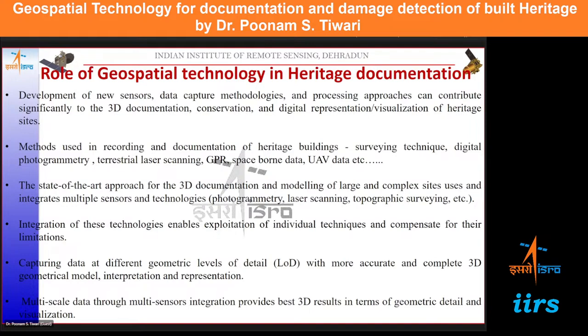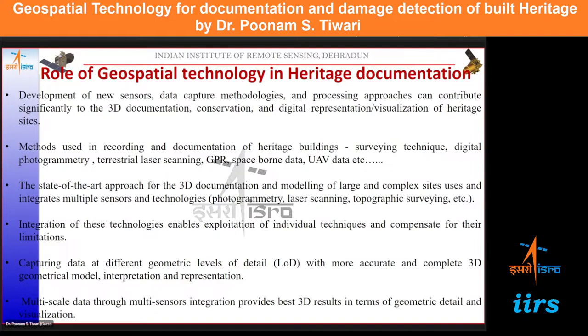So integration of these technologies enables the exploitation of individual technologies and compensates for their limitations also. We can capture the data set at different levels of detail also, because some people want the data only for visualization, so it can be lower level of detailed data.